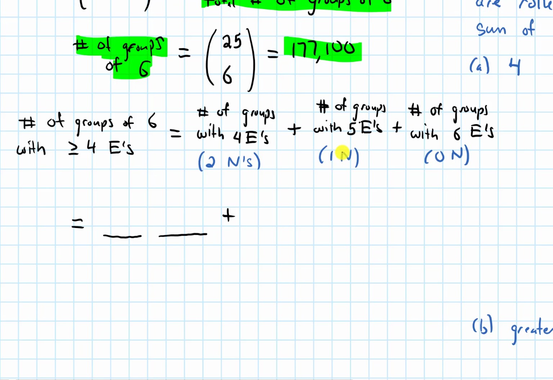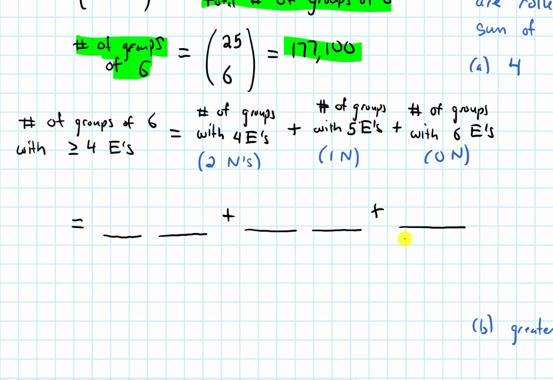And then for the next case, 5 experienced, 1 new, I'll put a blank space for the experienced, a blank space for the new, and then plus. And in the last case, I'm only picking experienced members, no new members, so I just need 1 space for that. And in fact, let's knock the last one out first, just because I think that's the easiest.